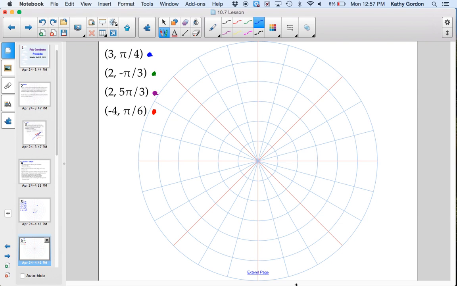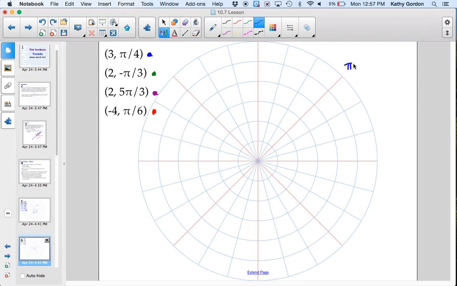Okay, so what about this first one? If I've got 3 comma pi over 4, so now we're talking about radian angle measures rather than degree angle measures. If I start here at the polar axis, should I go clockwise or counterclockwise? How many lines? 2. Right there? That one? Yeah.